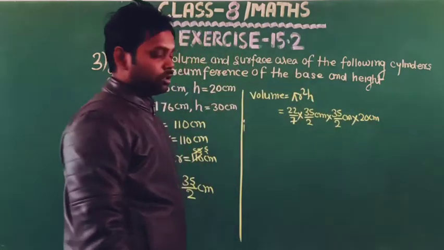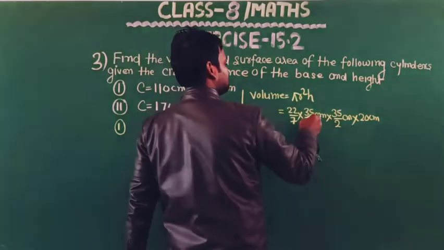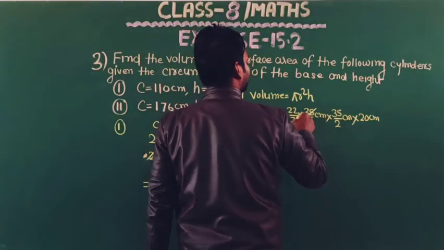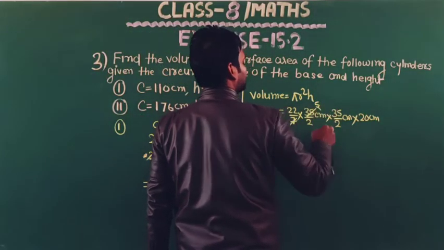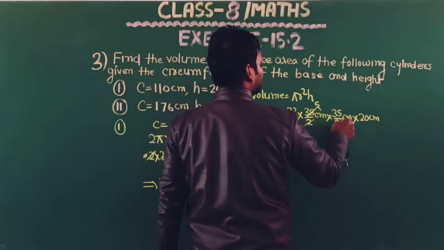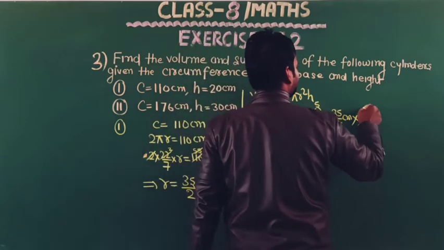Here we can cancel 35/7 and 2 to the 4, 4 5s are 20.